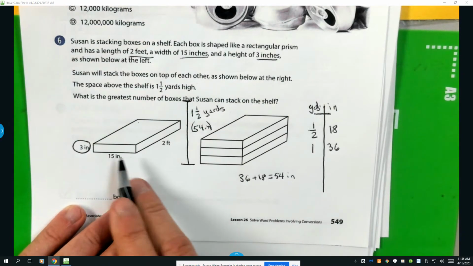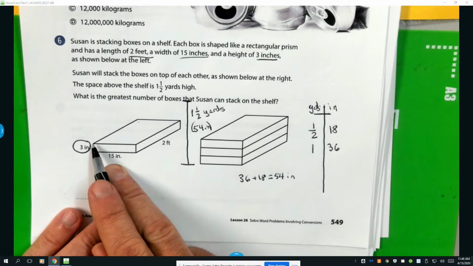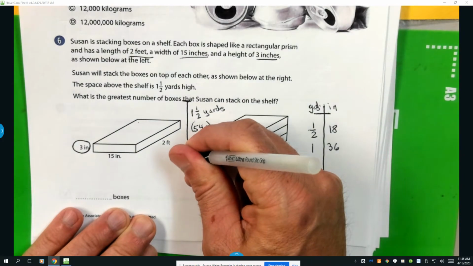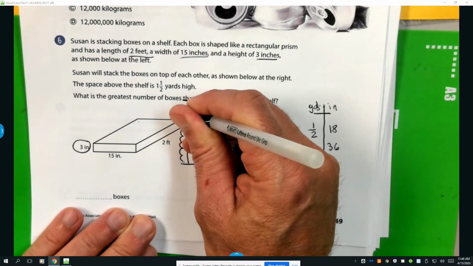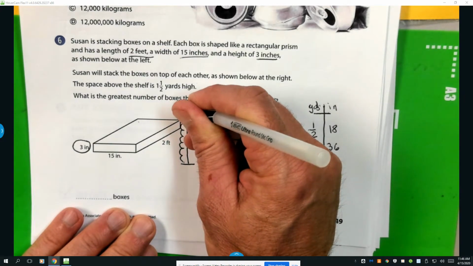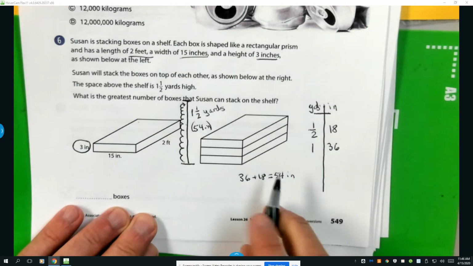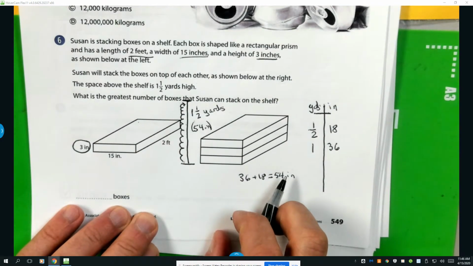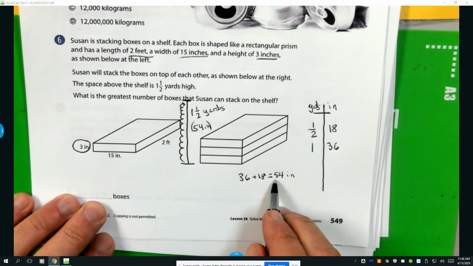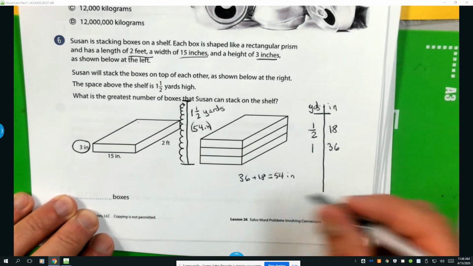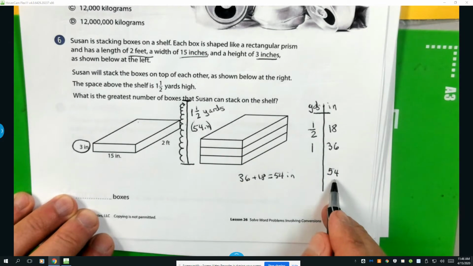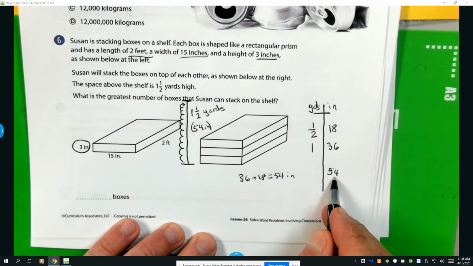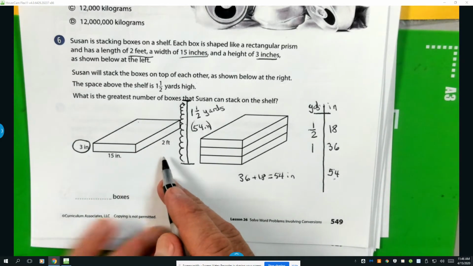And now I want to know how many 3-inch boxes can be stacked on top of each other until we get to the top with as little a gap as possible. Maybe it fits perfectly. So I'm going to take this 54 inches. Here's how high it is. How many times can I get 3 into 54?